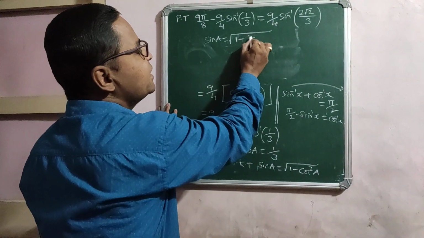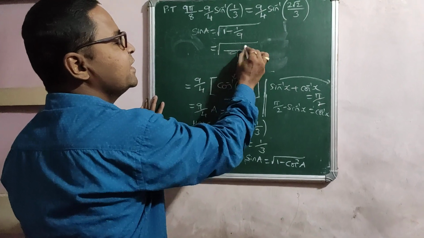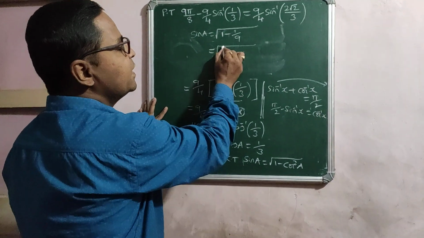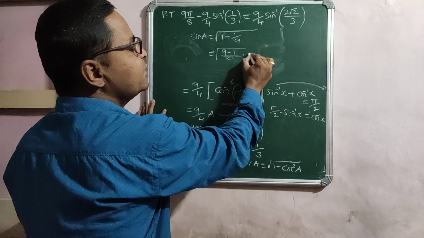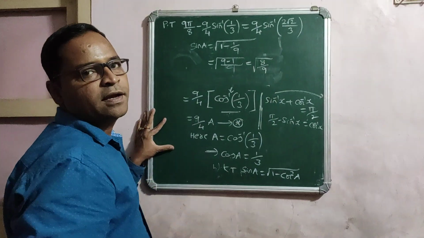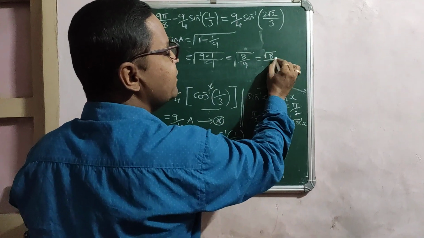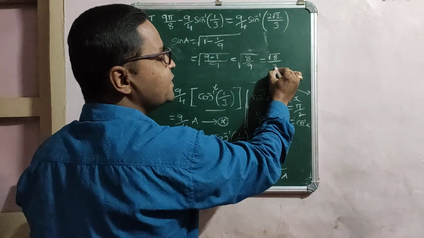What is cos square a? 1 divided by 9. So 9 will be the LCM. So 9 minus 1, which is equal to 8 divided by 9. As we know that square root of 8 divided by square root of 9, square root of 9 is nothing but 3.